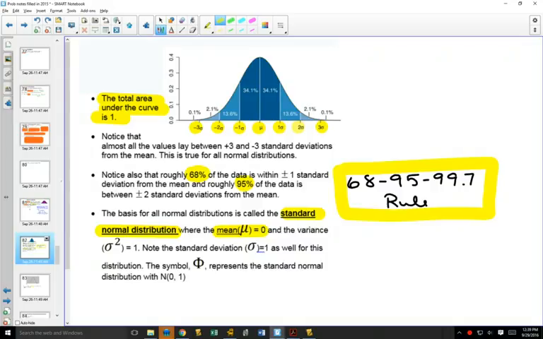And a 1.5 score would mean that you are 1.5 standard deviations above the mean. So it's a way of just talking about spread of data by the standard deviations. And we got a fancy symbol, phi, for the standard normal distribution.